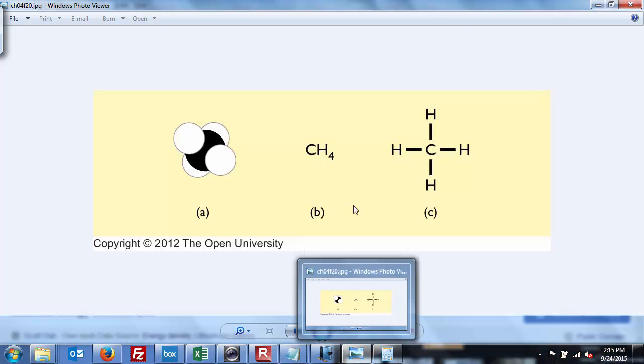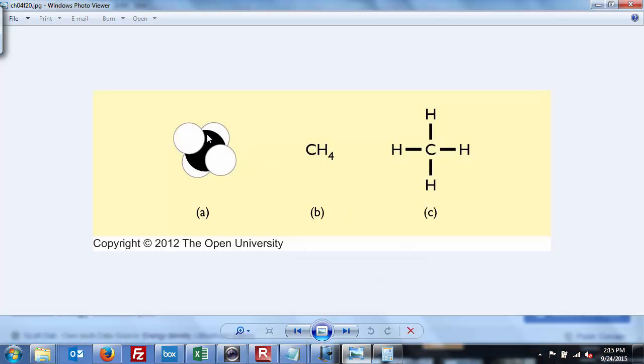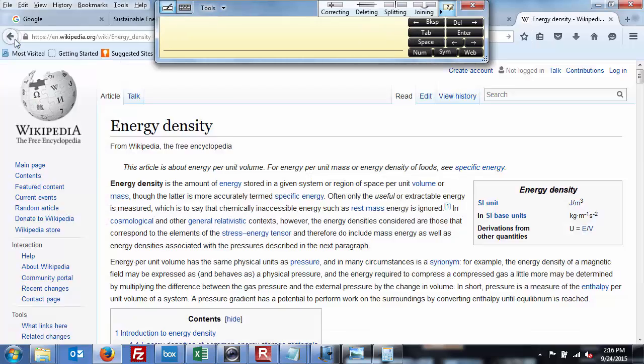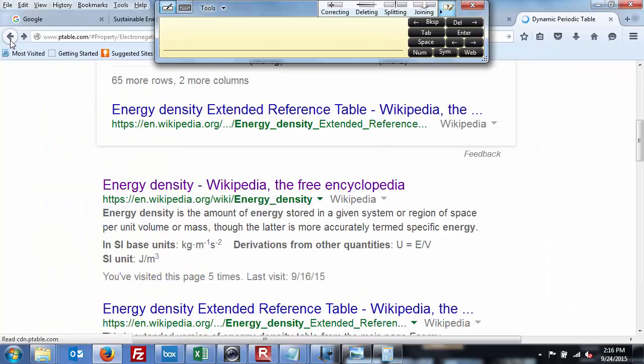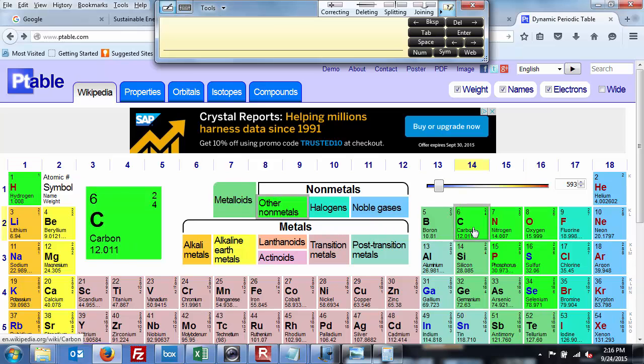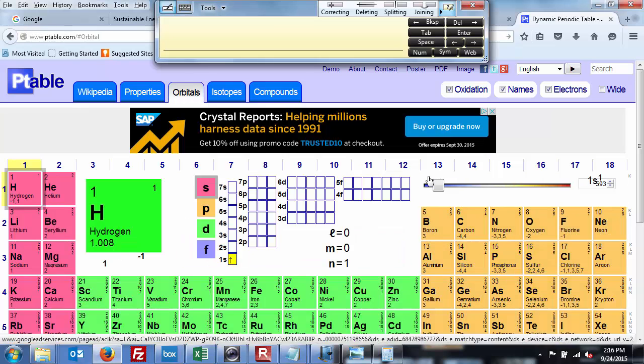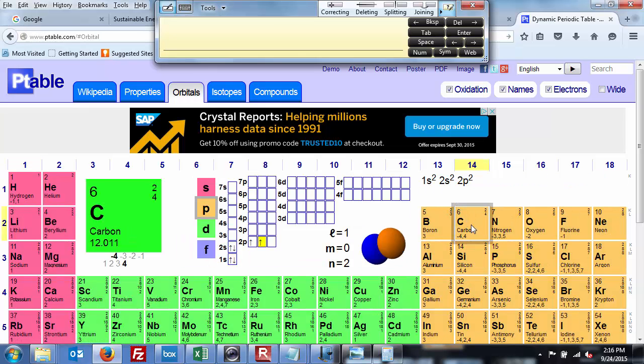Here's your methane molecule. We looked at the periodic table before. We know that carbon, so it's kind of a neat place. Maybe I'll go back there. So there's carbon again. If we look at the orbitals, we can again see that the 2p shell is more or less missing 4 of its 6 electrons. So if I head over here, it's missing a down electron there, a down electron there, and an up and a down.